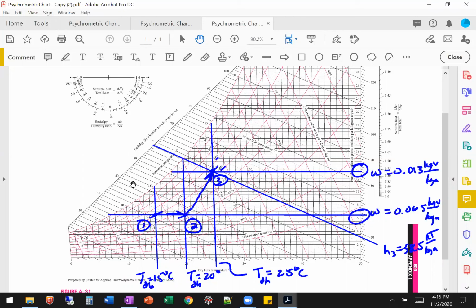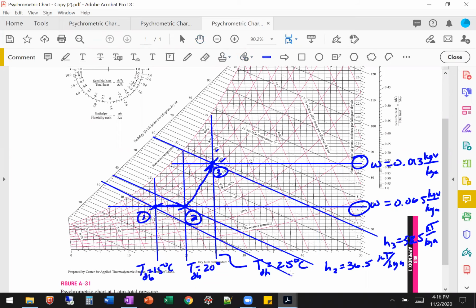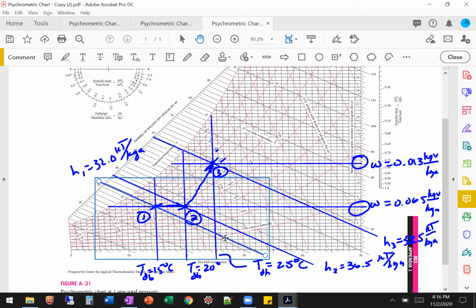H2, right around there, was 36.5. And the last one is there, which is 32, or it could be moved a little lower, and that would be fine too. Any questions?